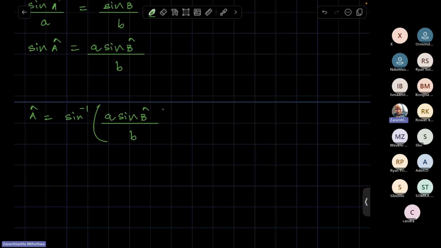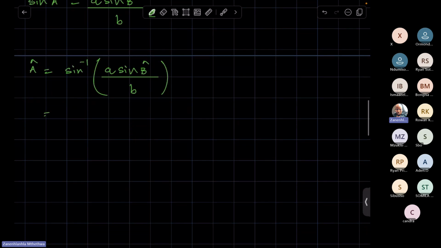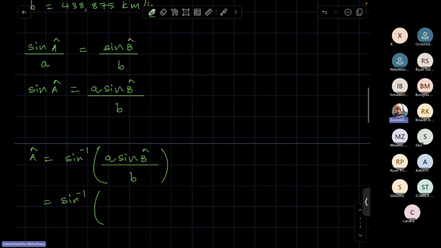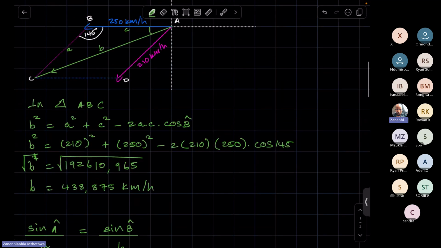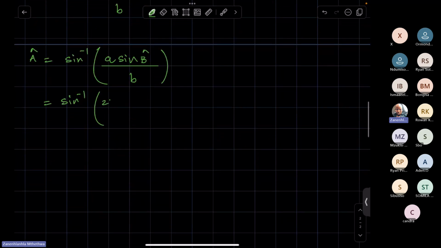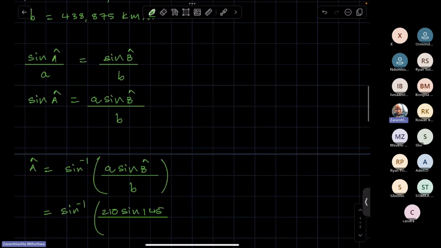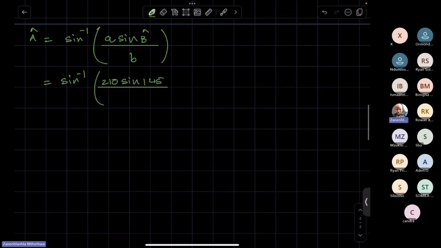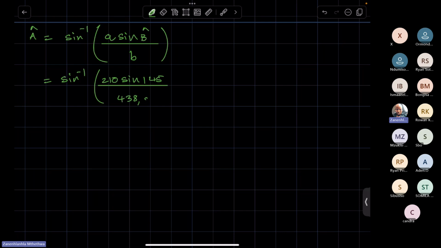Right. So now we substitute, arcsine of side A, which is 210 kilometers per hour, sine B, the angle B is 145, right? Divided by side B. Side B we just calculated, it's 438.875.